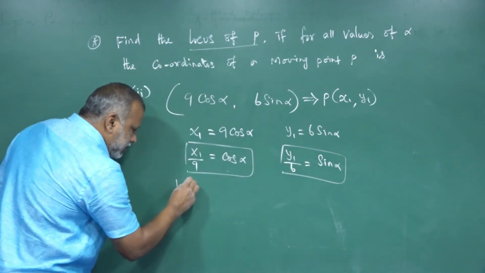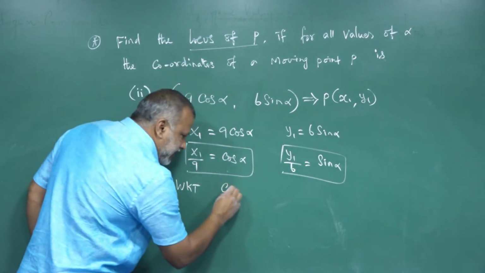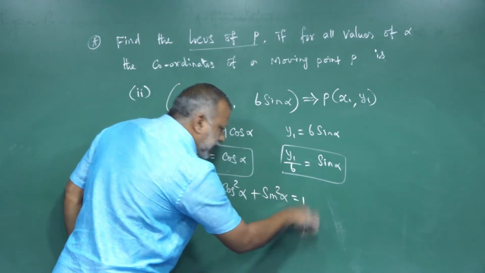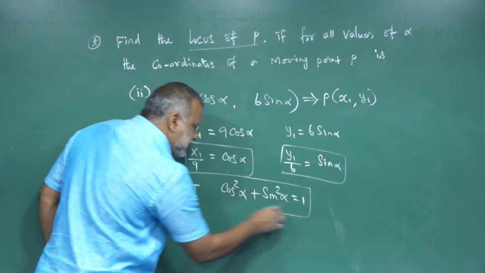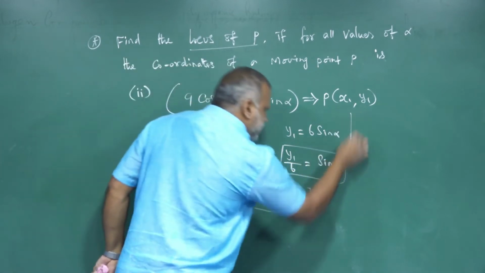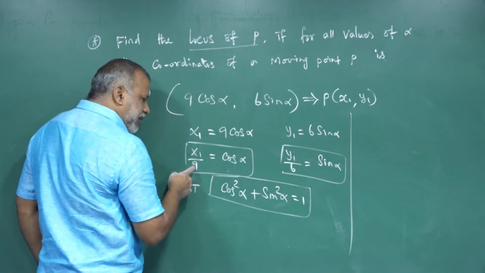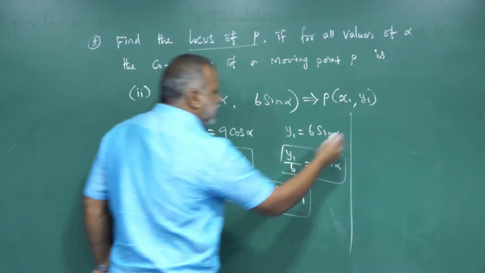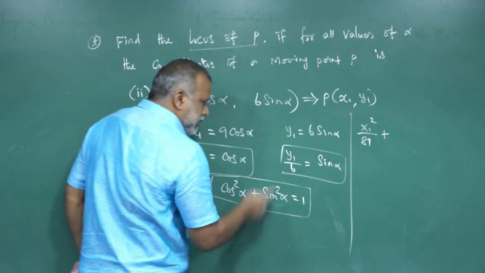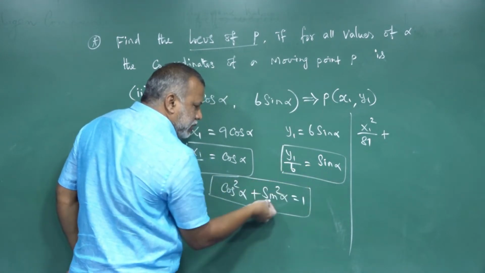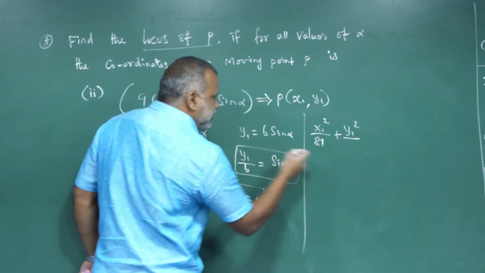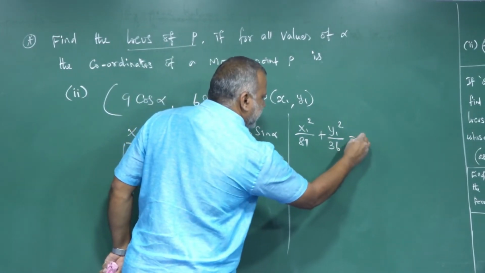Then we know the trigonometric identity cos squared alpha plus sin squared alpha equal to 1. Instead of this cos squared alpha, now I have to substitute x1 divided by 9. Therefore, squaring this one, we get x1 squared divided by 81 plus y1 divided by 6, I want to square this, y1 squared divided by 6 squared, means 36, equal to 1.